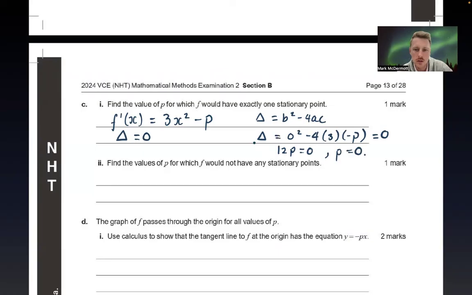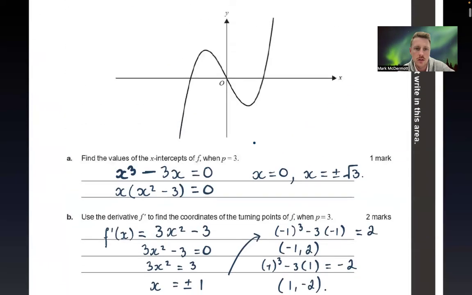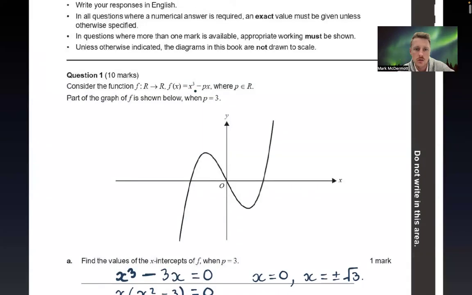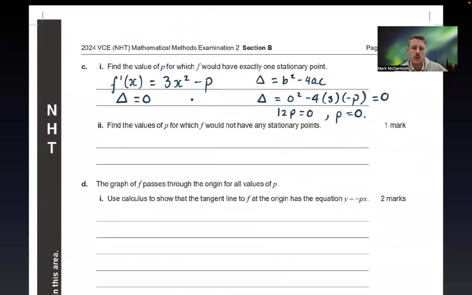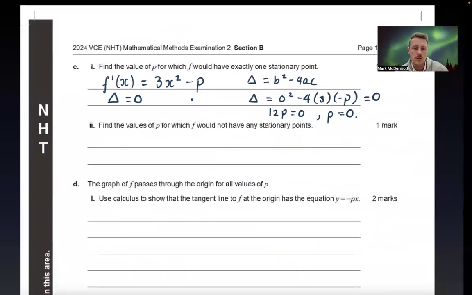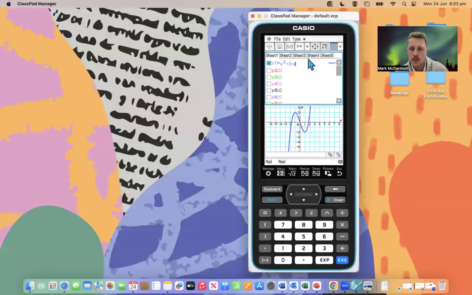We probably could have just thought about that. If p was 0 here, we just get x cubed, and x cubed would have one stationary point. So I think that looks fine. Why not do it? Let's put in a slider for p, minus px, p times x.